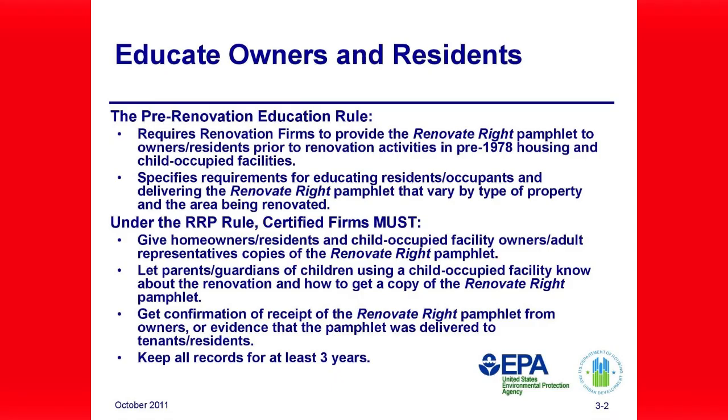For tenants, certified firms must either obtain a written acknowledgement of receipt or document that the firm delivered the pamphlet and was unable to obtain a written acknowledgement. All proof of receipts must be kept for a minimum of 3 years in your records. Sample forms to document confirmation of receipt are included in the Renovate Right pamphlet in the back page.